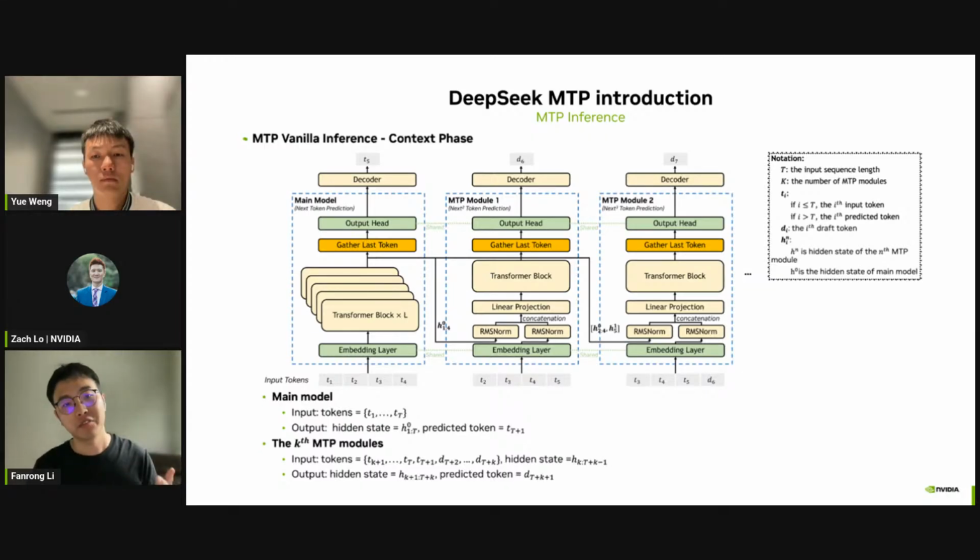For the next MTP module, there will be another shift of the tokens, and we will also shift the hidden states. In this way we can predict another new draft token.